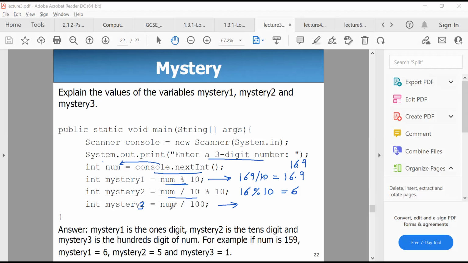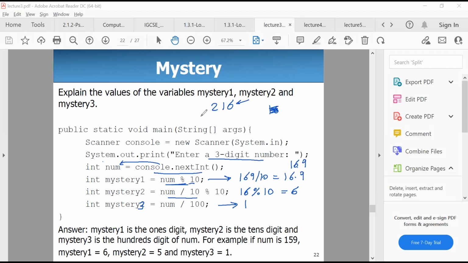So if we have this number, 169 divided by 100, what could be the result? It'll be 1. Okay. Now I want you to have a look at these three. If you have a number like 216, and I ask you for the last number, this is the way to bring the last number.